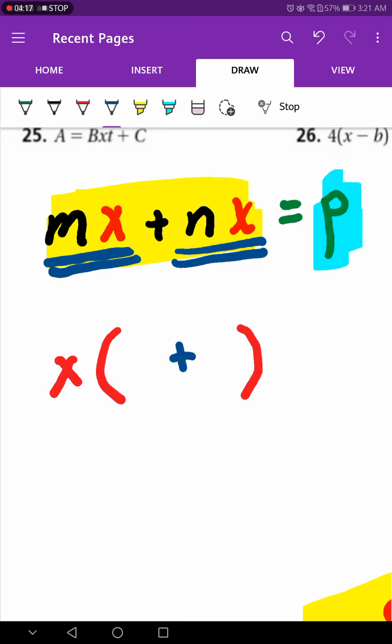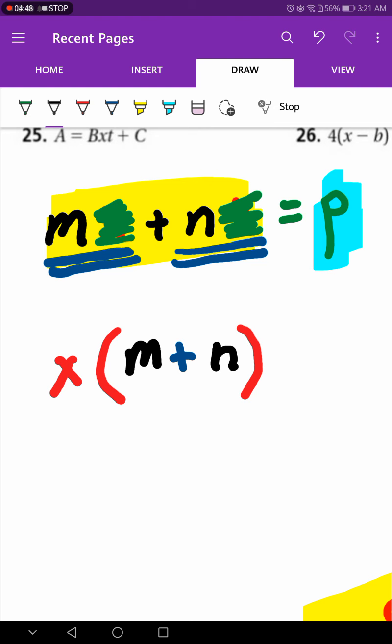So from the first term, if you rid of the x, what is left? The m, yes. And when you rid the x from the second term, what you get? Yes, n. So what we call this skill to find out the common factor between two terms?